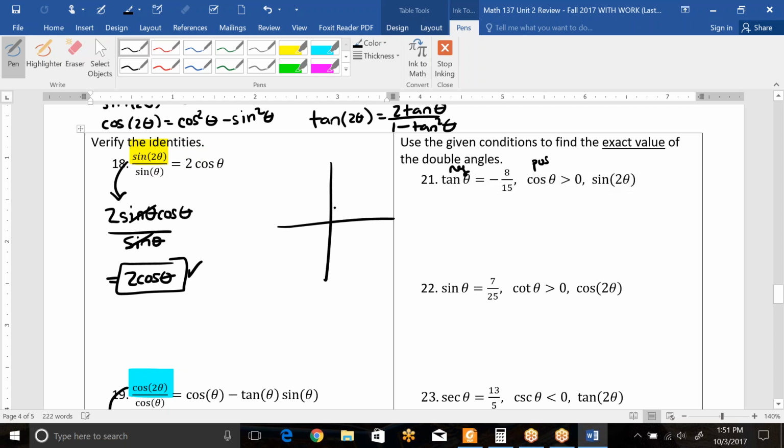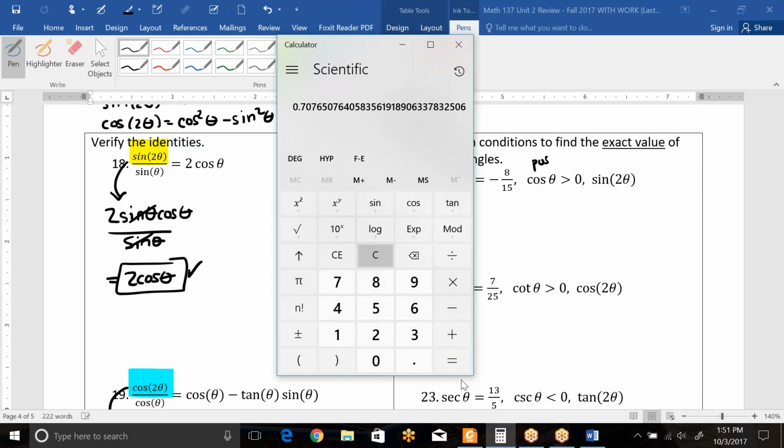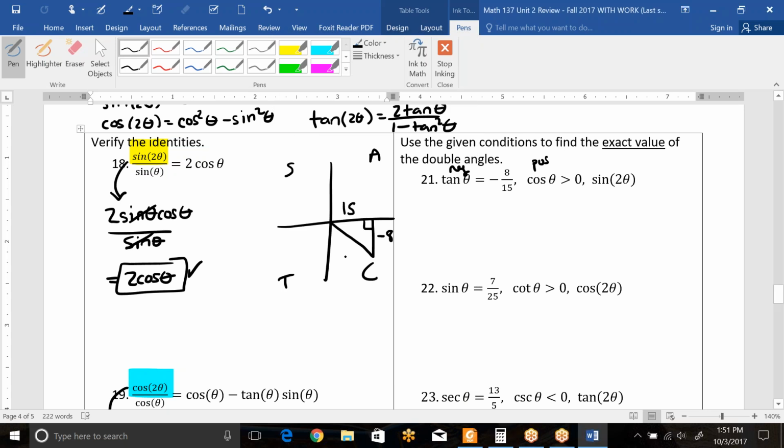So negative tangent and positive cosine, that would end up being in quad 4. And tangent, remember, is opposite over adjacent. So we still need to find our hypotenuse. So that's 225 plus 64 for the two squares, and square root of 289 is 17.